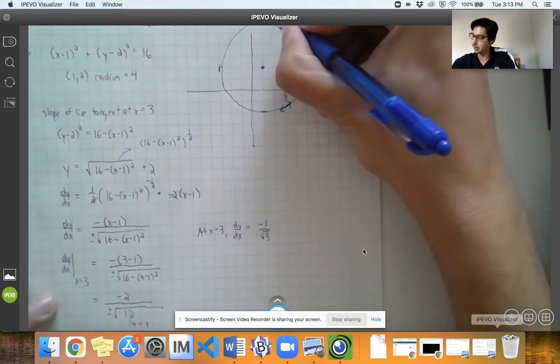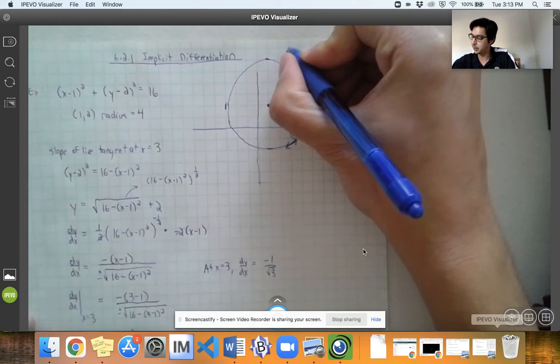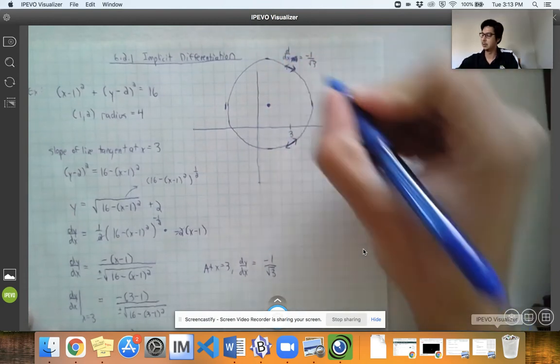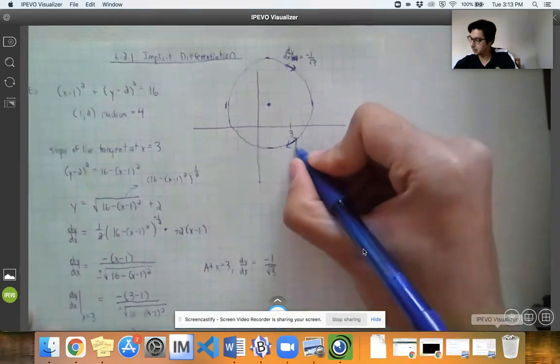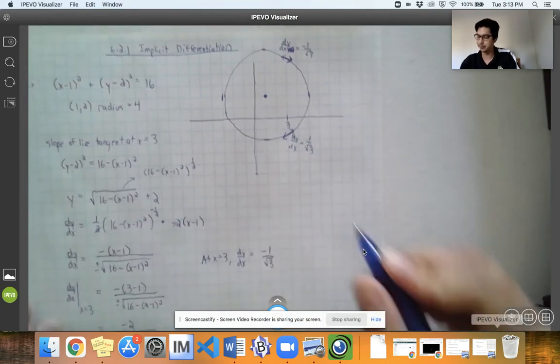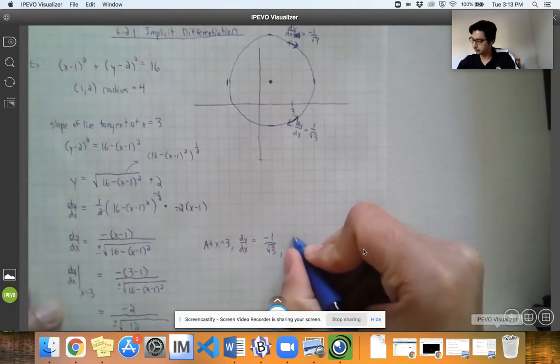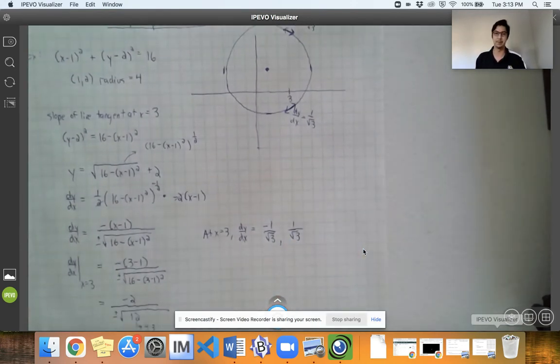Well, don't use m. You guys know derivatives. Sorry, thinking of my IM1 class. The slope here, dy/dx, will be negative 1 over root 3, and the slope here will be positive 1 over root 3. Okay. And that is great.